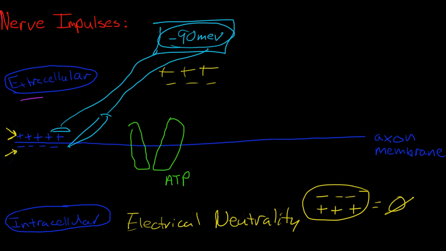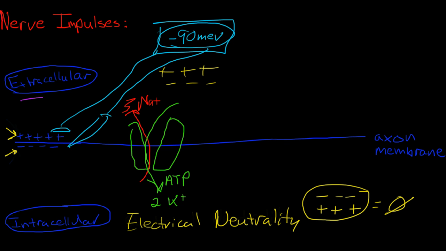And what it does is it is constantly pumping 3 sodium ions outside of the cell and 2 potassium ions inside of the cell. So it's trading 3 sodium ions for 2 potassium ions.